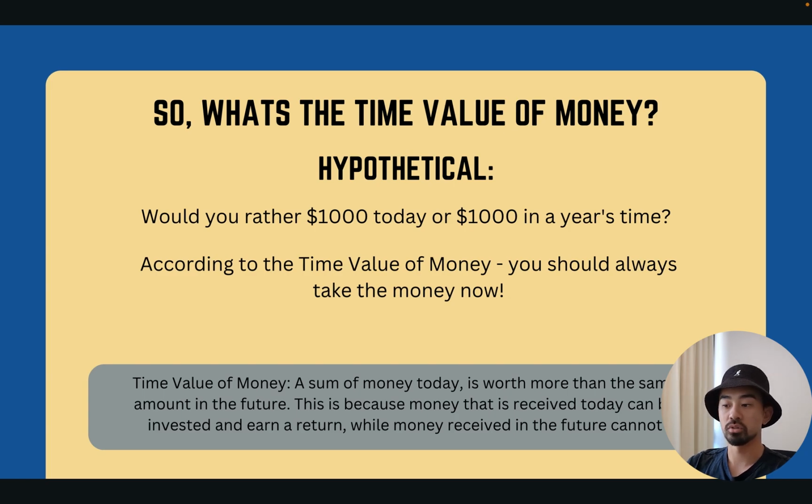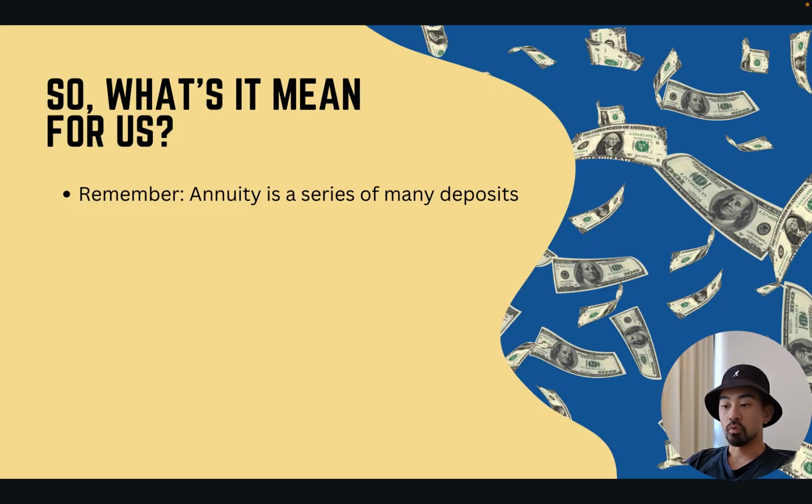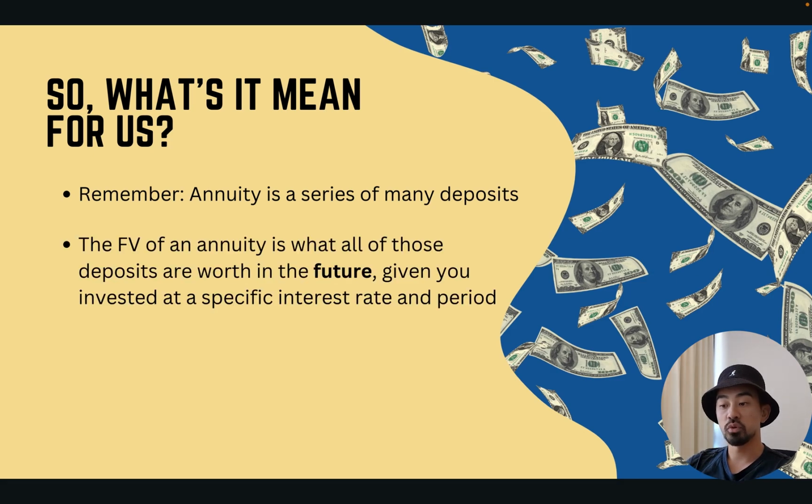Okay, so why is this important? So just want you to delineate here. We've got this idea of money now, so the present, and the money in the future. So remember, annuity is a series of many deposits. The future value of an annuity is what all those deposits are worth in the future.